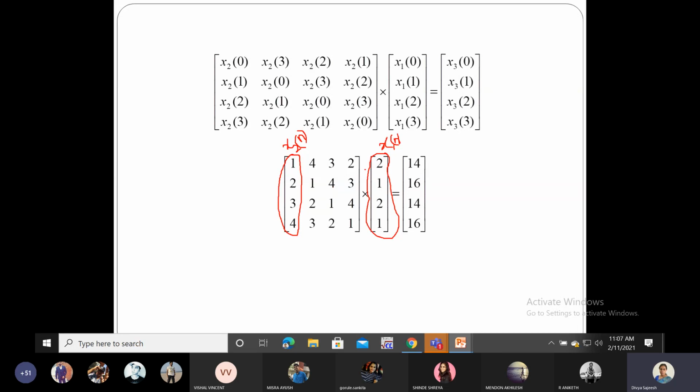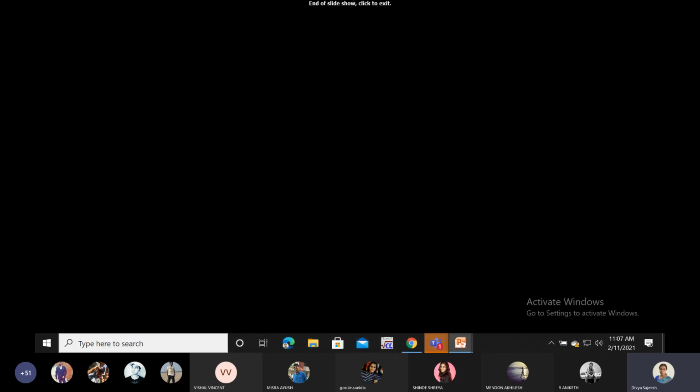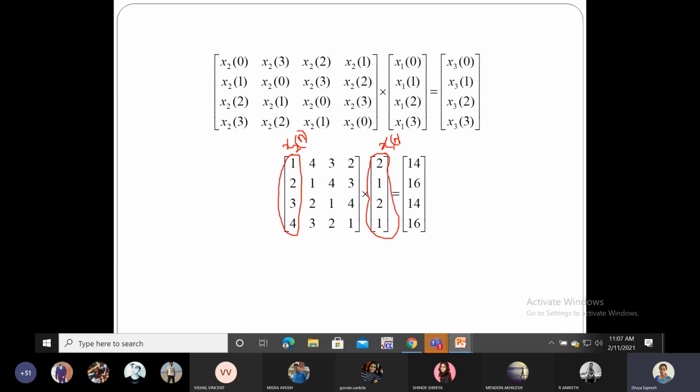Then you need to multiply them to obtain your output sequence. Just multiply them and you will obtain 14, 16, 14, 16 as the product of these two matrices. The first element is y of 0, which is 14.